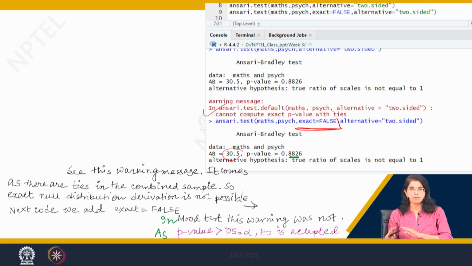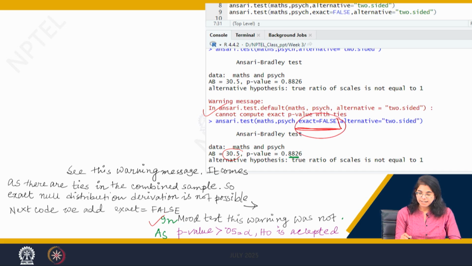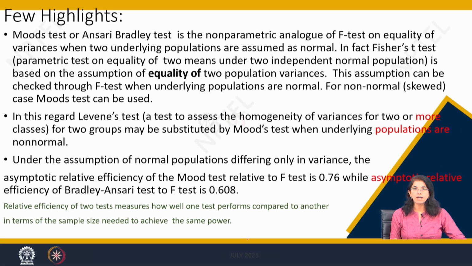Exact is equal to false. Clear? So in mood test, this warning you will not find. That is another merit of mood test. Okay. So here also you will see, as p-value greater than 0.05, H0 is accepted. So you can make a practice on your own and you will have the idea.